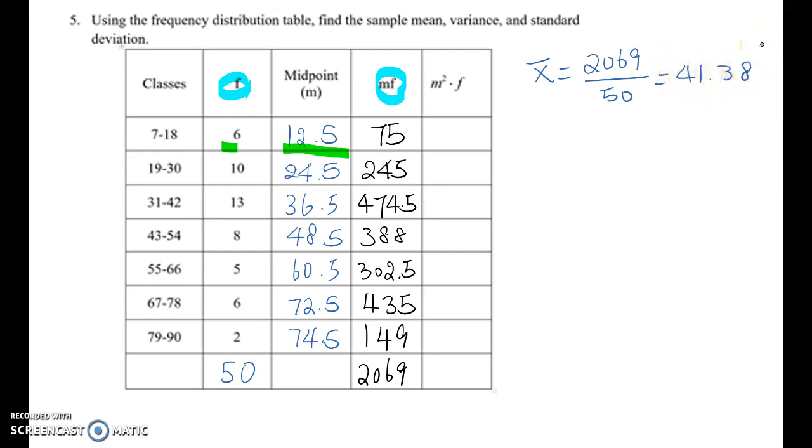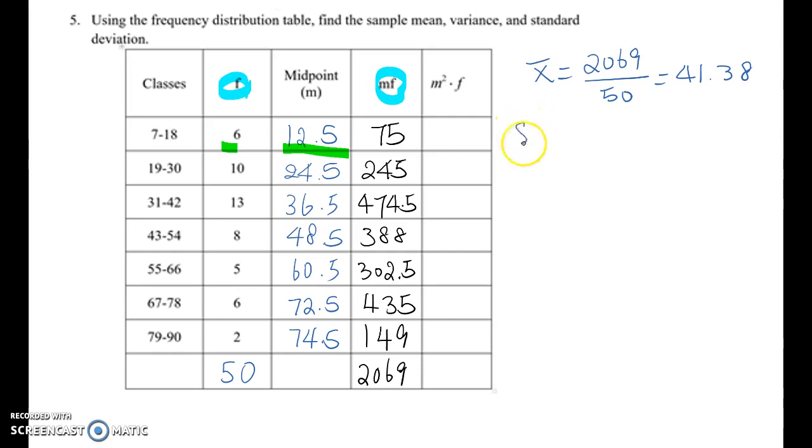Okay, now let's find the variance and the standard deviation. The standard deviation is the square root of the variance.